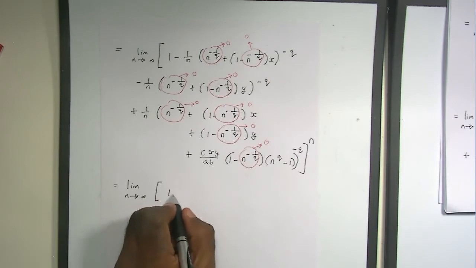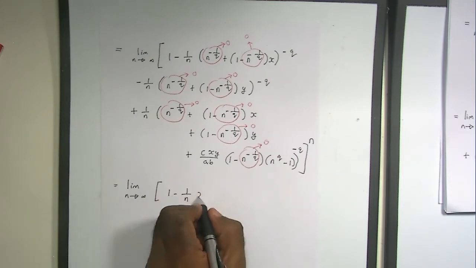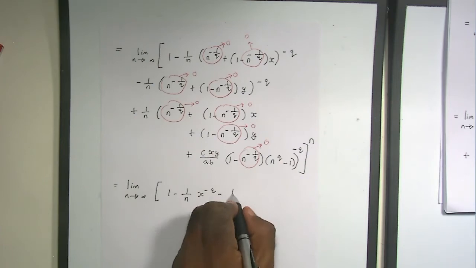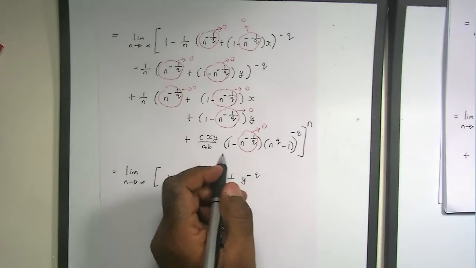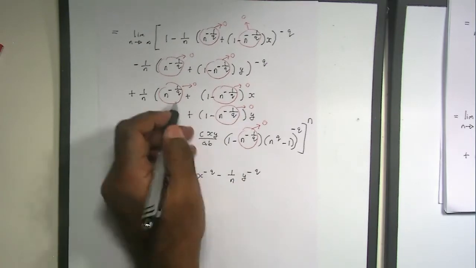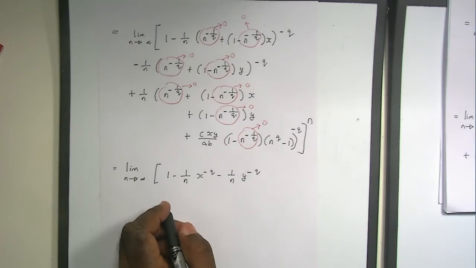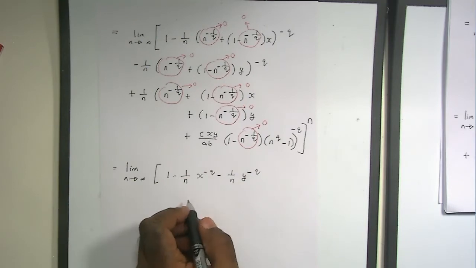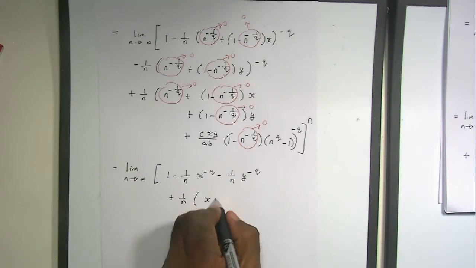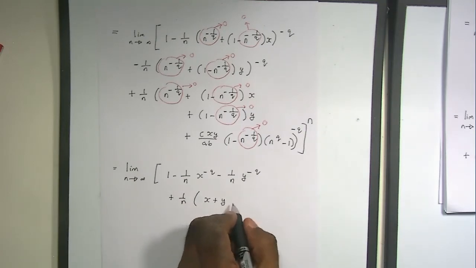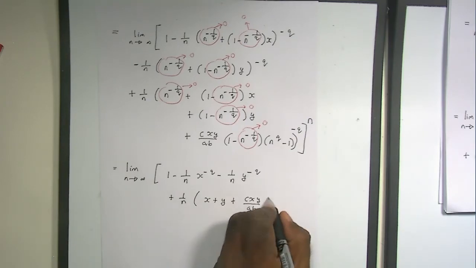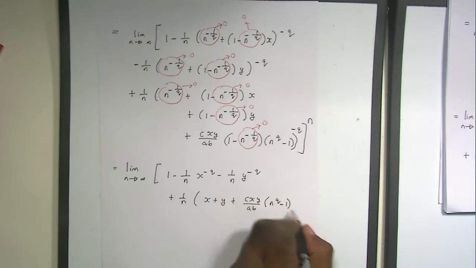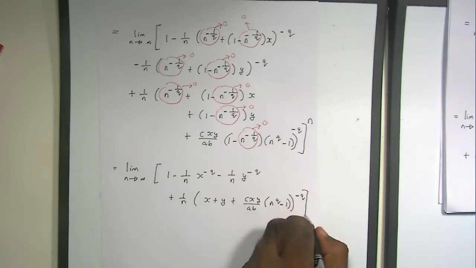You have 1 minus 1 over n times x to the power minus q, minus 1 over n times y to the power minus q, and then over here this is 0, so you have x plus y plus 1 over n times x plus y plus cxy divided by ab times n cubed minus 1, to the power minus q, to the power n.